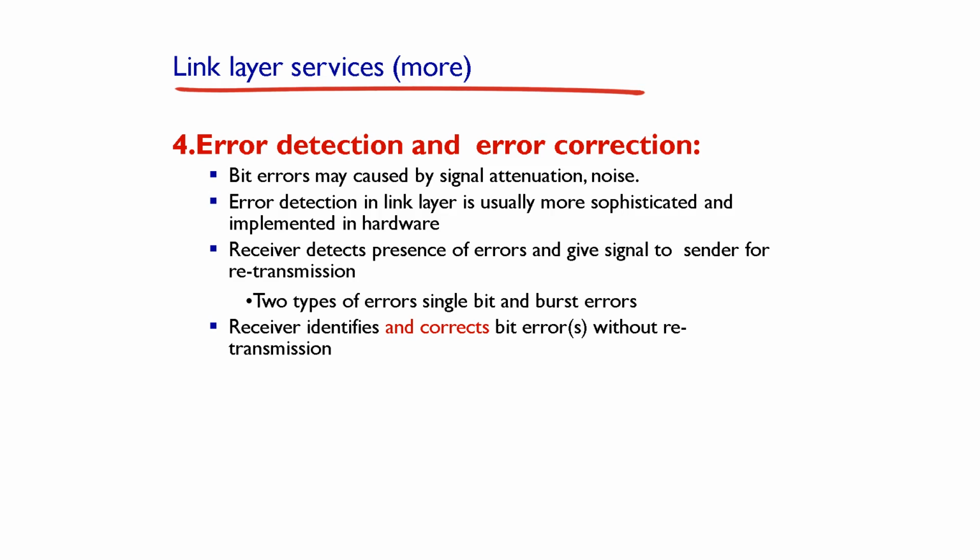Single bit error means in a set of data, one single bit may cause errors, whereas in burst errors, a continuous sequence of bits are altered. Then the receiver has to identify the error and correct it before delivering to the upper layer. So the correction technique used is retransmission.